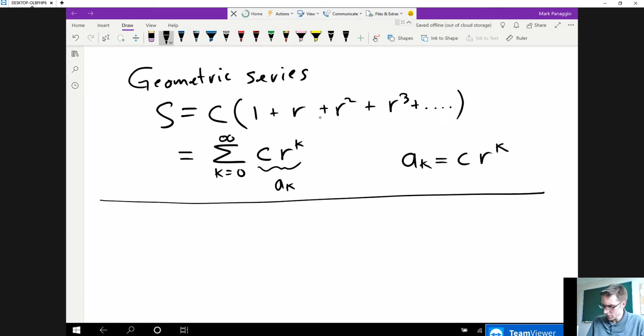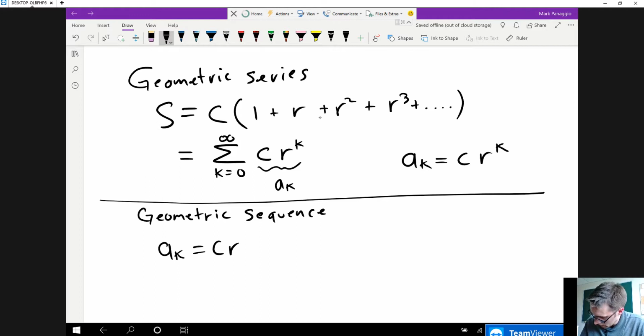Okay, some interesting properties of this geometric sequence that we've touched on earlier, but I'll remind you. So a geometric sequence has terms that are just some constant times r to the k.